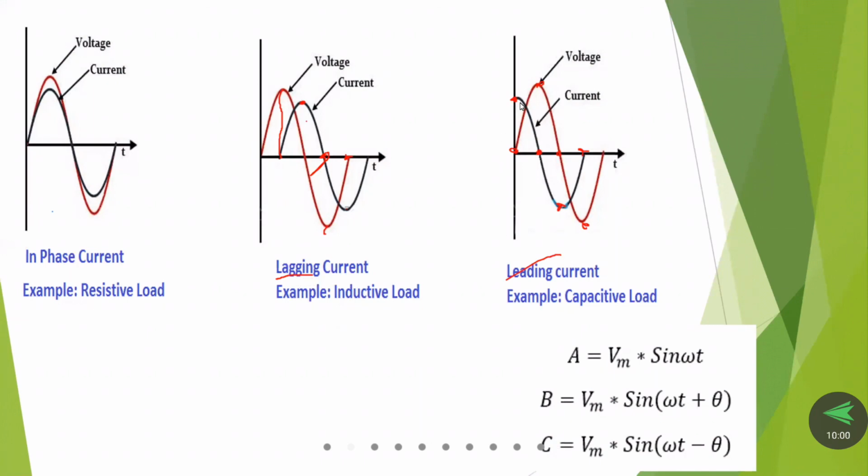If the current is leading compared with the voltage, we call it leading current. Generally, a resistive load gives the characteristic that voltage and current are in phase. If you connect inductive loads, then the current will always lag the voltage by 90 degrees.